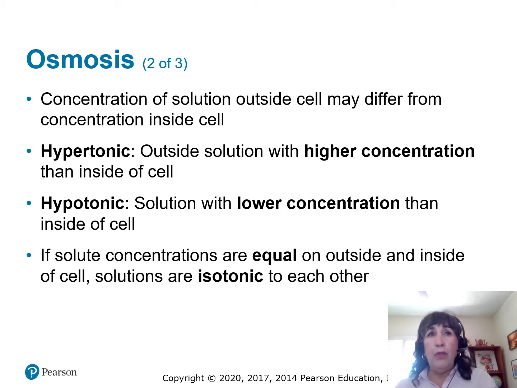In a hypotonic solution, there are hardly any molecules outside of the cell relative to what we find inside of the cell. And in an isotonic solution, there's about an equal concentration of solutes or molecules both inside and outside of the cell. So the question is, how does this affect the movement of water?